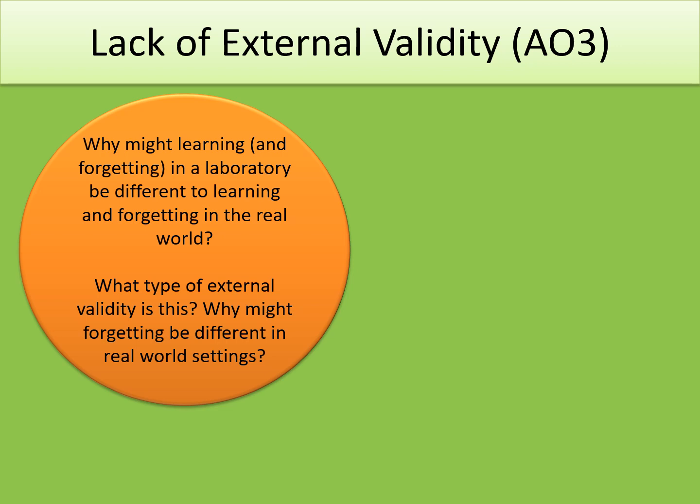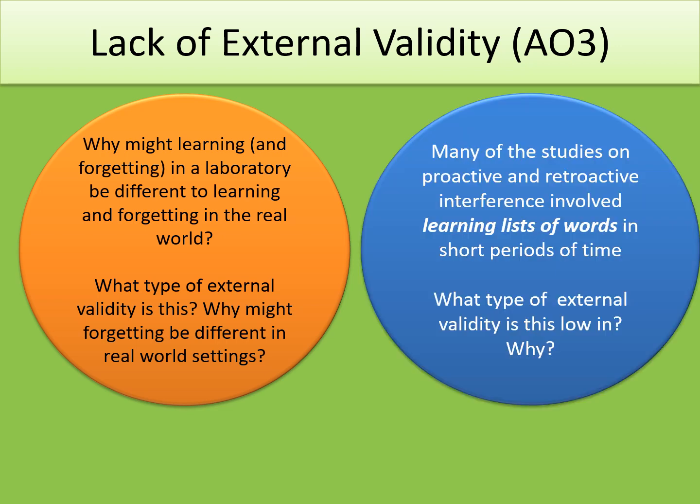We can criticize interference theory for a lack of external validity because we already said there are thousands of laboratory experiments, but in a laboratory, learning and forgetting is different than in the real world. So what type of external validity is lacking?